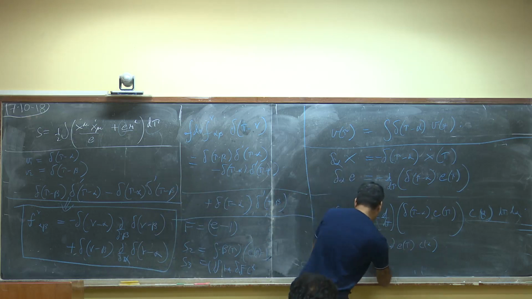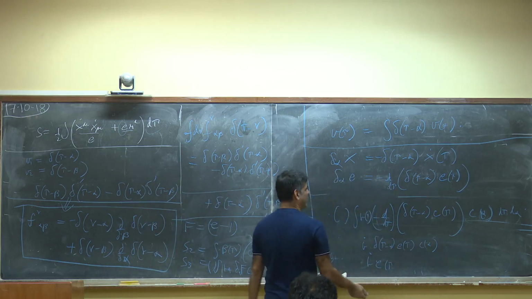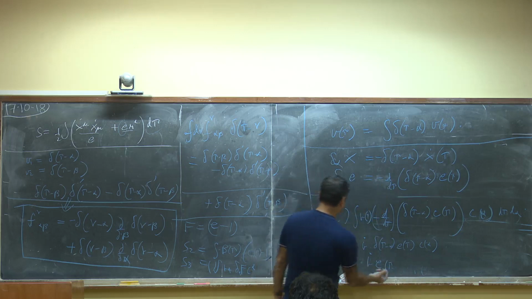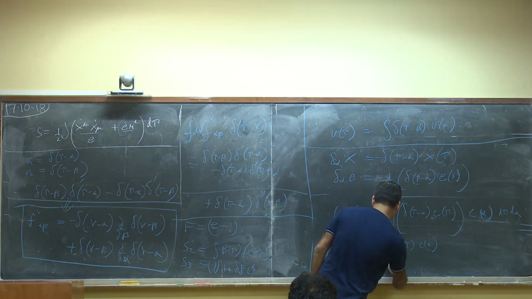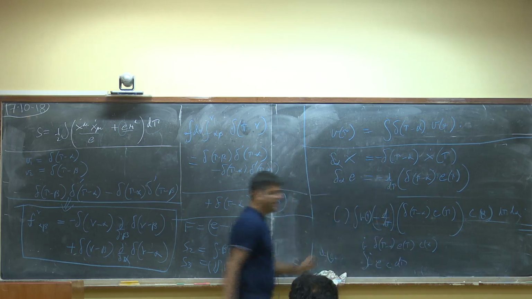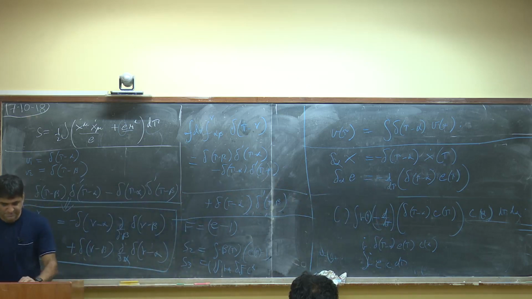So we get B dot e of tau, C of tau, the integral of B dot e C, with some sign. Now we should actually work out the sign.